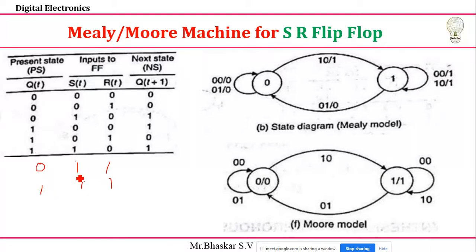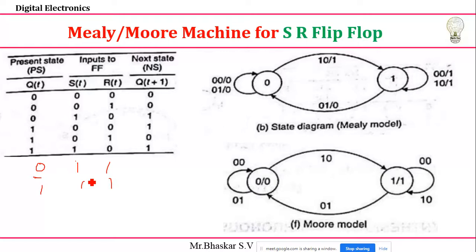When it comes to here, present state suppose it is 0, if the values are 1 1, what next state value will you get? When it comes to a JK flip flop, if both inputs are 1 1 and the present state is 0, what is the next state value?